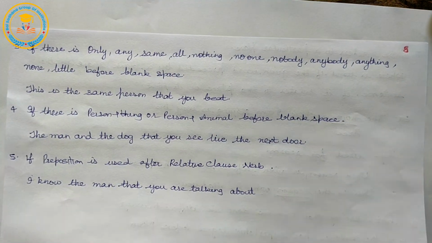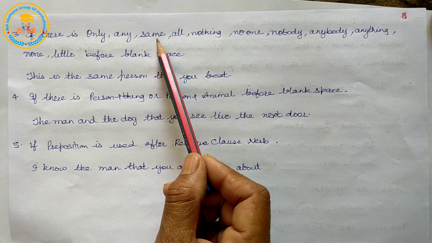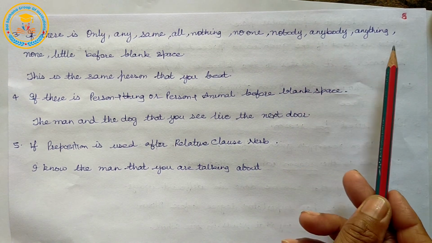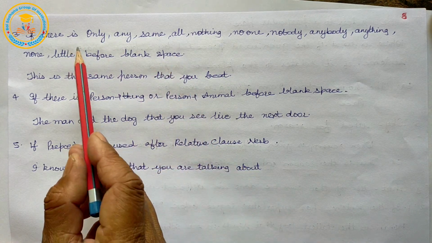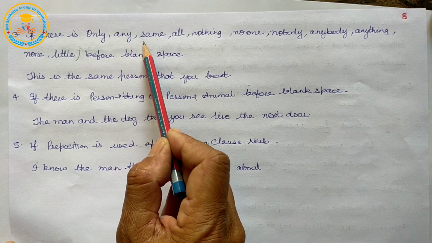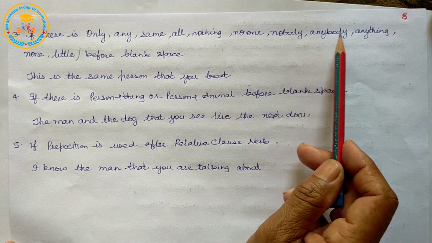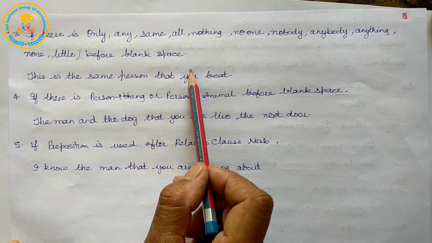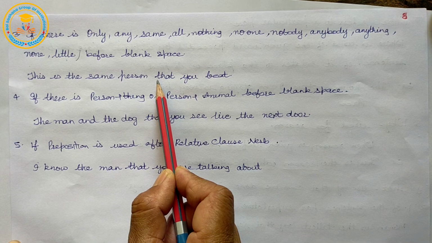If there is only, any, some, all, nothing, no one, nobody, anybody, anything, none or little before the blank space, then we use that.